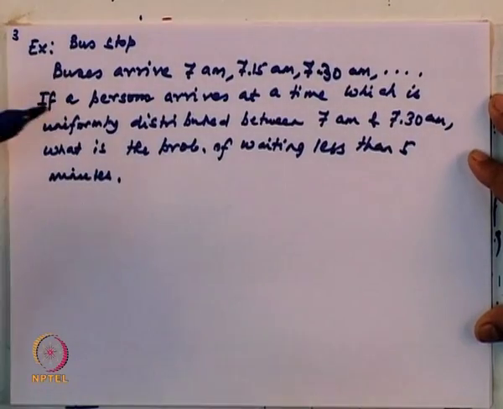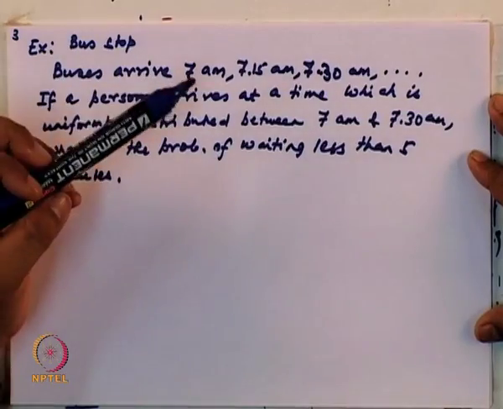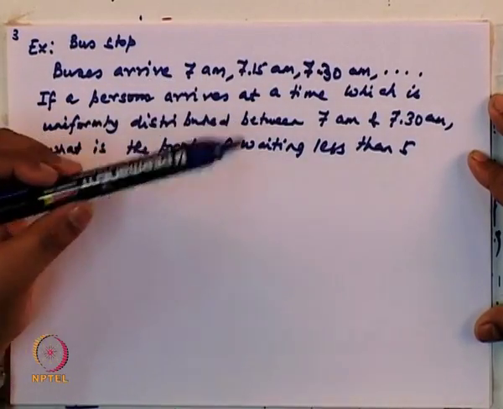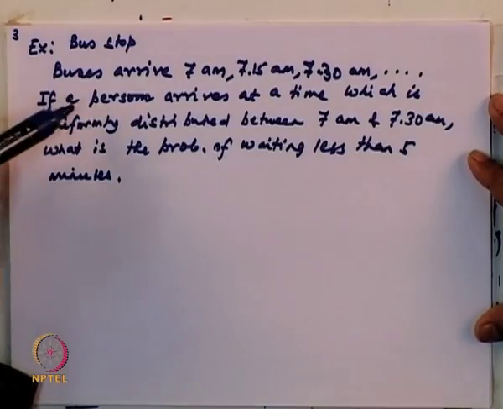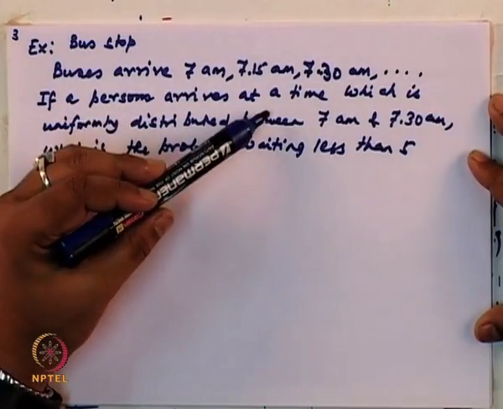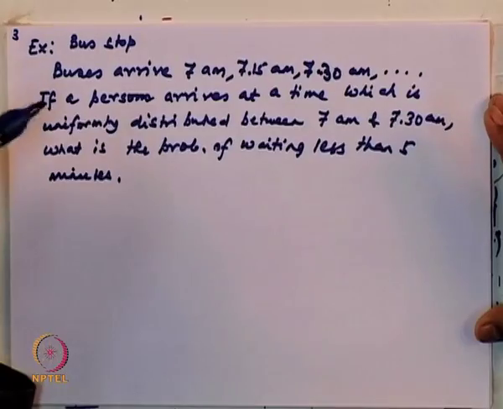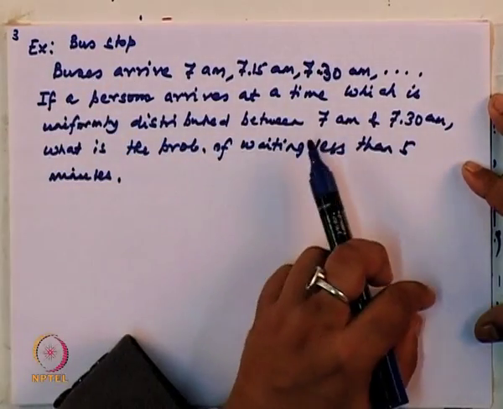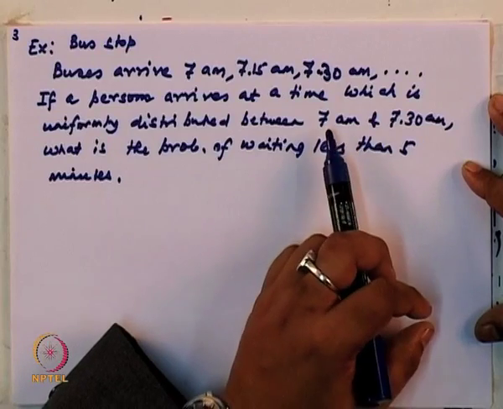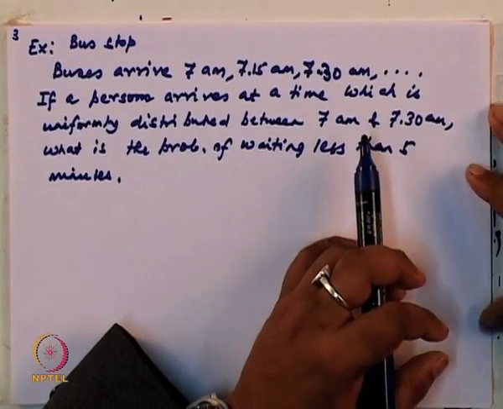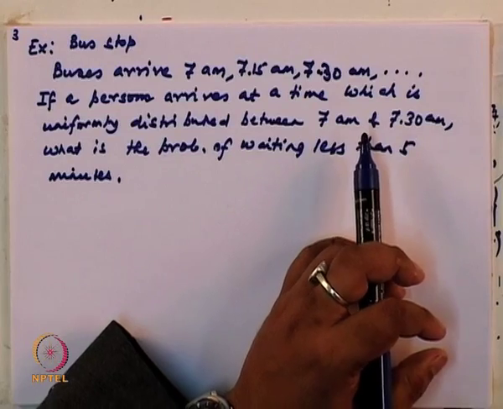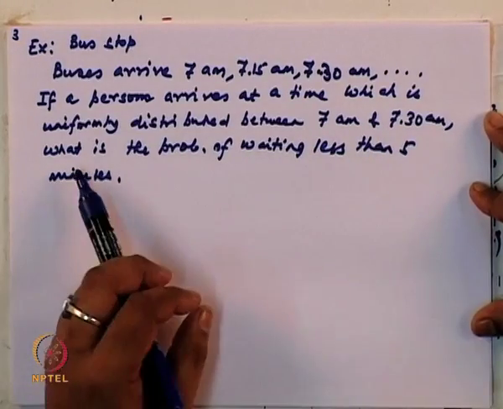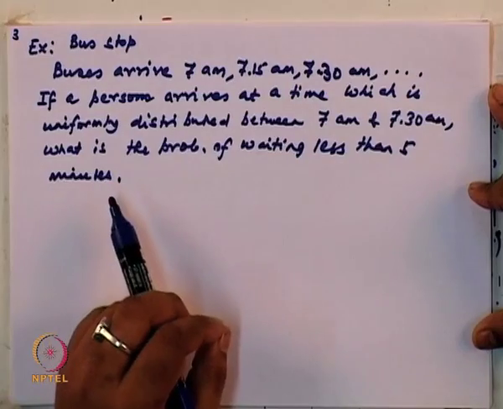So, let us read the problem. The buses arrive every 15 minutes: 7, 7:15, 7:30, and so on. The person arrives at a time, which is a random variable uniformly distributed between 7 and 7:30, which means the person has equal chance of arriving at 7, 7:01, and so on up to 7:30. So, what is the probability of waiting less than 5 minutes?